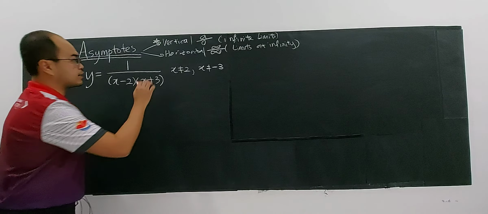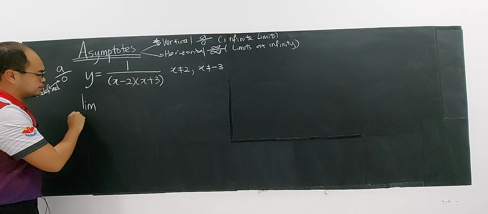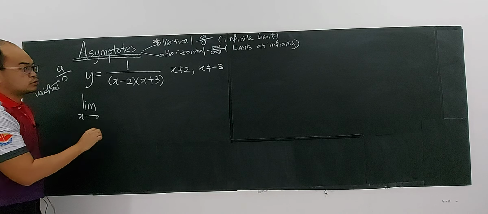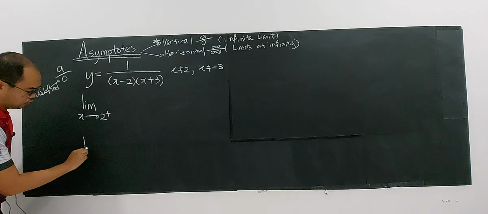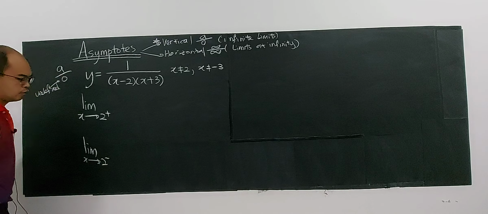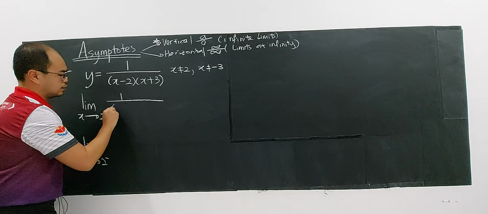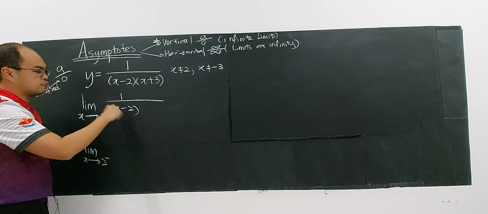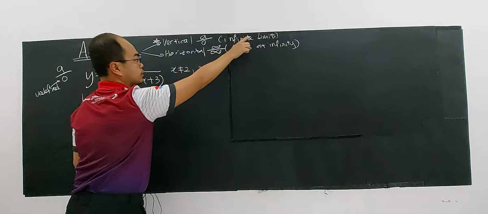To verify that this is your vertical asymptote, you have to find the limits to the right and to the left of this function. For example, I have shown you how to evaluate this type of function in the video on infinite limits. So please refer to that video for a better understanding.